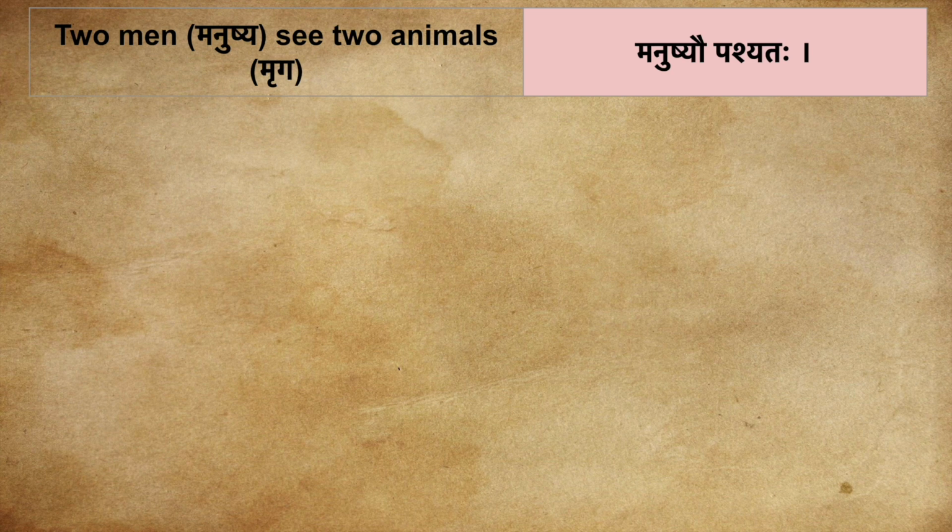Manushyau pashyataha. Okay. Manushyau kam pashyataha. Manushyau mrigau, two animals. Mrigam, Mrigau, Mrigan. Ramam, Ramau, Raman. So Manushyau mrigau pashyataha.